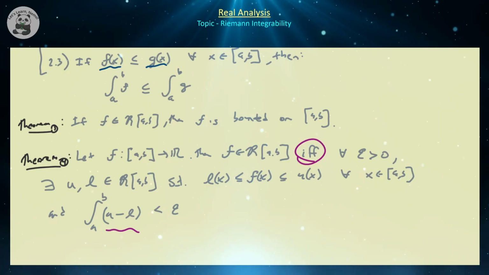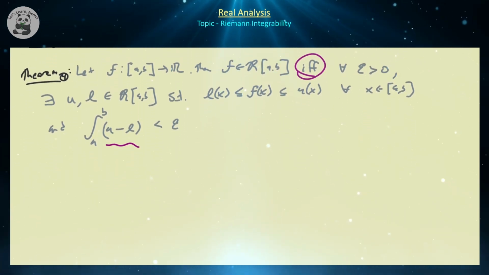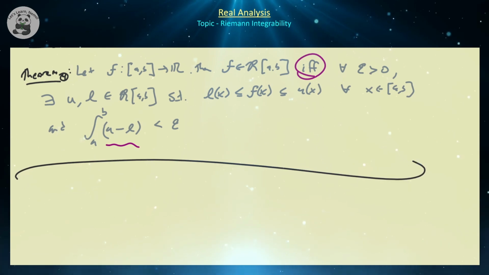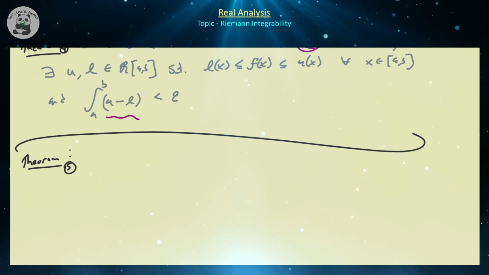Now that we have this theorem that provides an if and only if, a bidirectional statement for Riemann integrability, let's walk through a very famous example of how to show that a function is indeed Riemann integrable. And let's not choose a baby function, let's choose a very important class of functions.